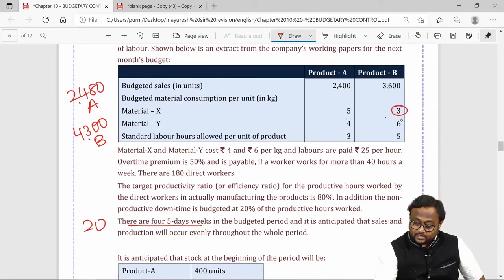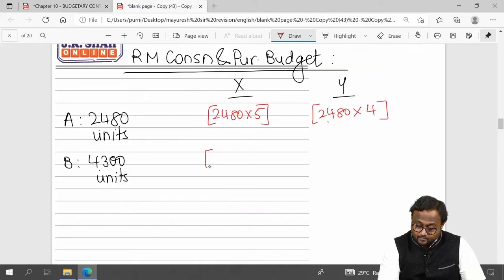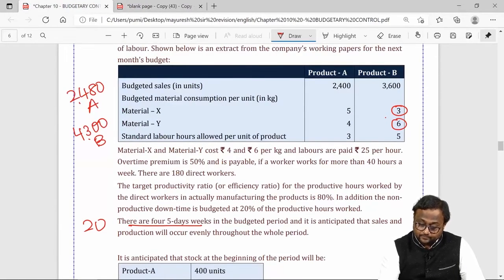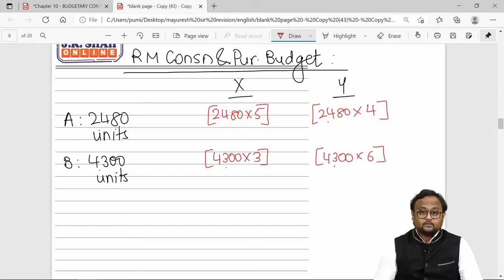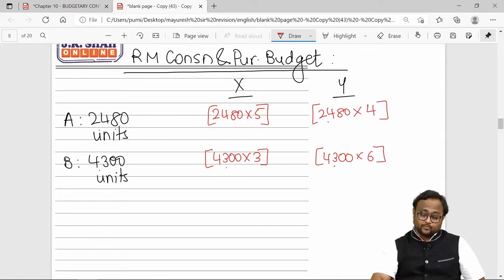B requires 3 kgs of X and 6 kgs of Y. So, have you realized one thing? You focus either on finished goods, complete the whole calculation, or you focus on material.